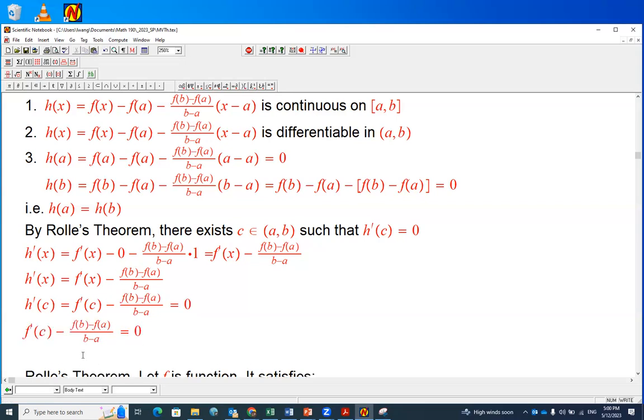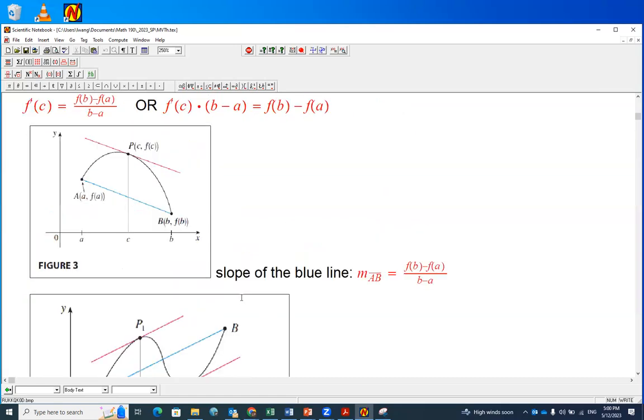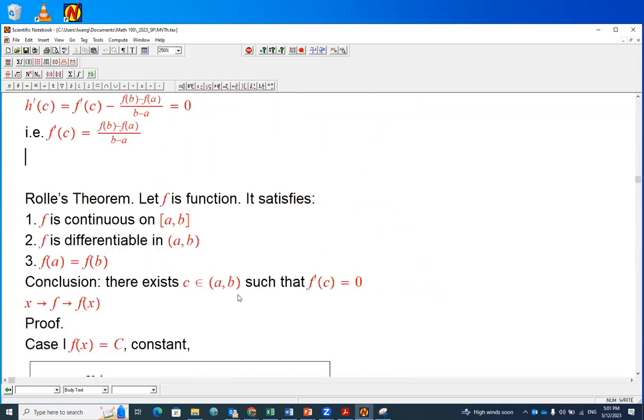If this is true, then what is it? And of course, we add f of b minus f of a divided by b minus a on both sides. So that is that, i.e., that is the conclusion of mean value theorem. Okay, you can see the proof is very interesting. I would say it's a very skillful proof. And that's the proof of mean value theorem.